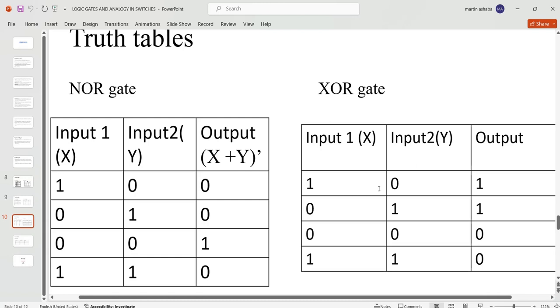So we have two inputs, one of them is high, another one is low. The output of that gate is always going to be high. When you have all the inputs the same, low, low, you always have a low. When all the inputs are the same, high, high, you always have a low. So let's verify this truth table in Multisim.